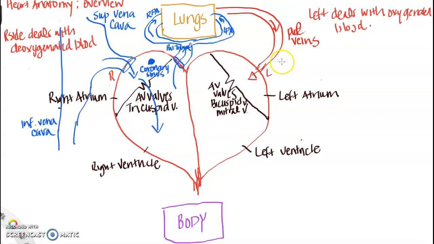Same thing happens on the left side as the right side. So the left atrium starts to accumulate blood, opens the doors of the bicuspid valve or the AV valves, and in it goes to the left ventricle. Then we have contraction. The left atrium contracts first. The rest of the blood goes into the left ventricle. Then the ventricle contracts. When it does, it sends the blood into the aorta.